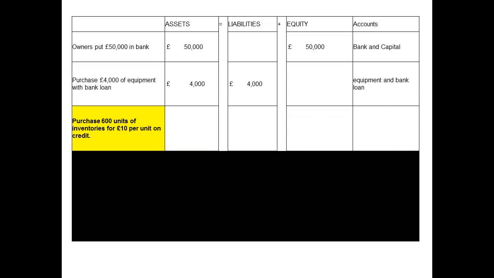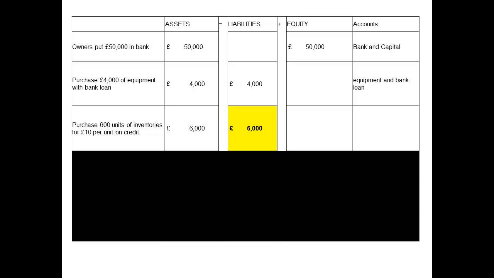The owners now purchase 600 units of inventories at £10 per unit, a total outlay of 600 times 10, £6,000. Assets will increase by £6,000. The inventory has been purchased on credit, so we have a liability of £6,000.